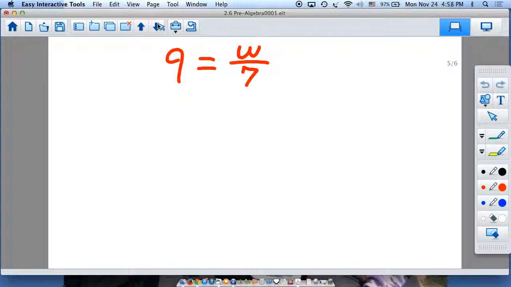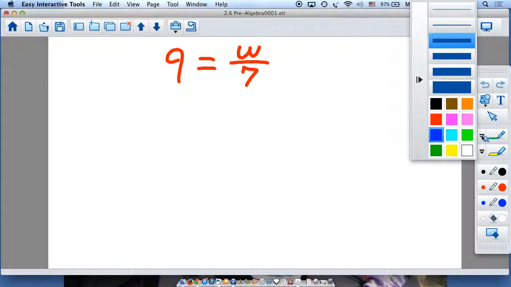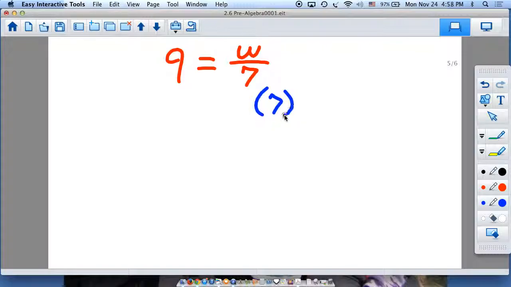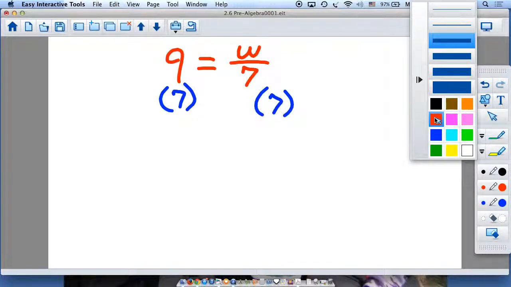Let's apply it to this problem. I'm going to take a little shorter step to do this now that I understand this concept. I can see I need to get that w by itself, because that's what we do with all equations. So I'm going to multiply both sides by 7. 9 times 7 is going to give me 63.